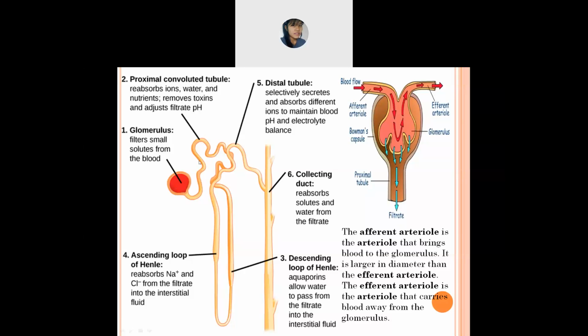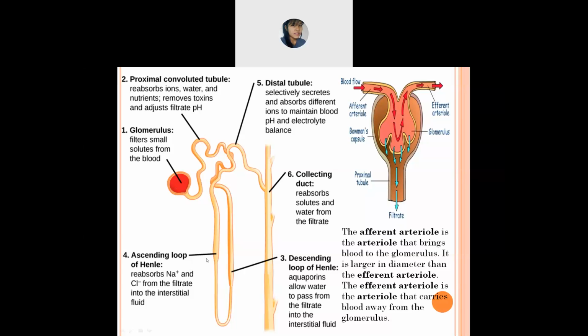And in the third, you will see the descending loop of Henle. Here there is a loop. So this is the descending loop of Henle, or descending loop. Fourthly, you can see the ascending loop of Henle.